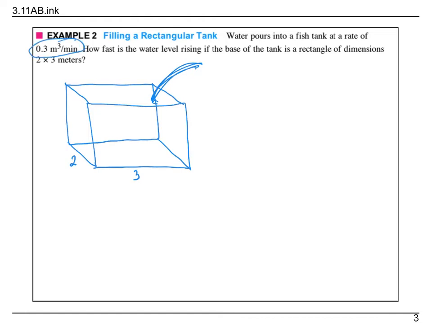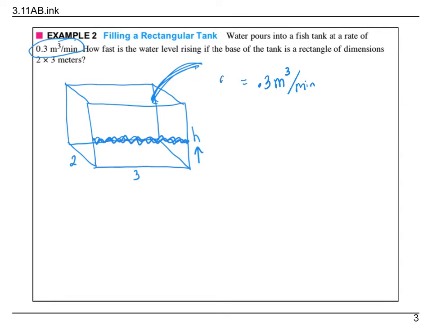I don't exactly know what the rate is standing for. So I have to use a little bit of clues to figure that out. So it says 0.3 meters cubed per minute. That unit is the giveaway. Because it's a unit to the third power, that means it has to be a volume rate.